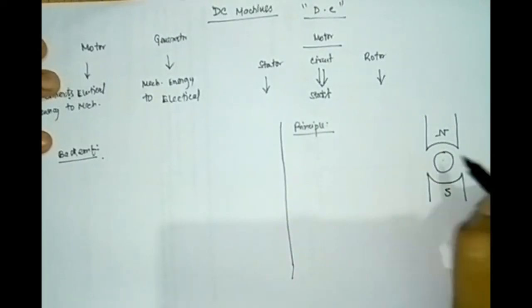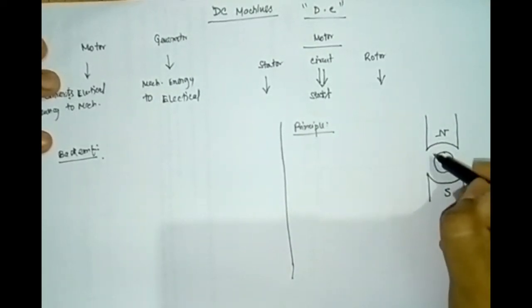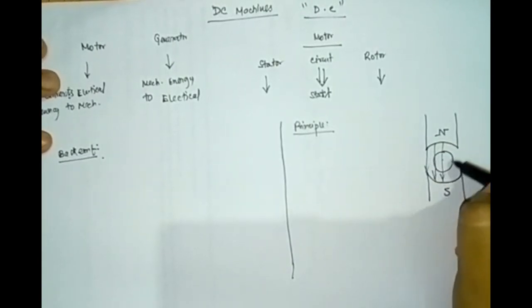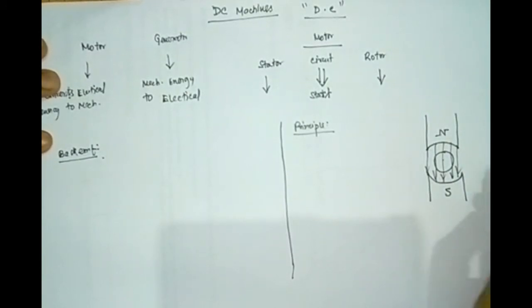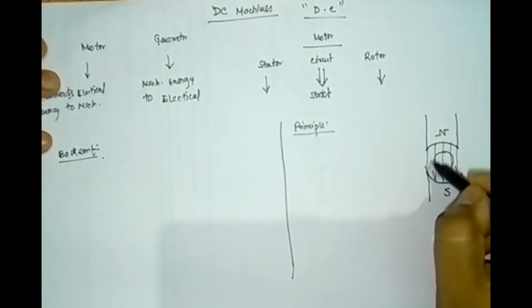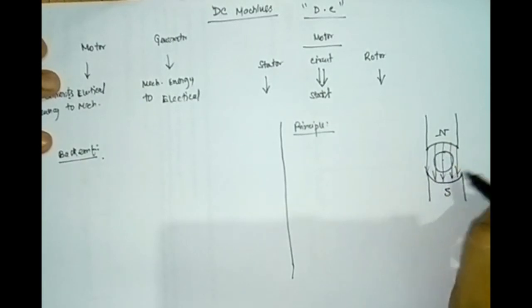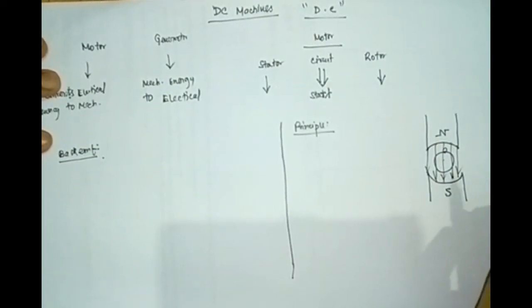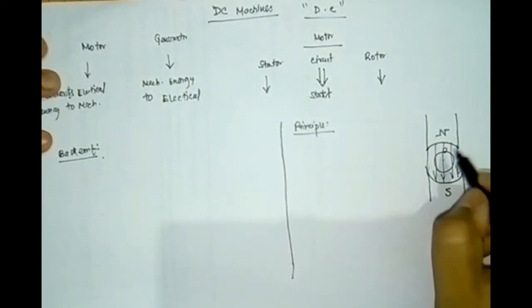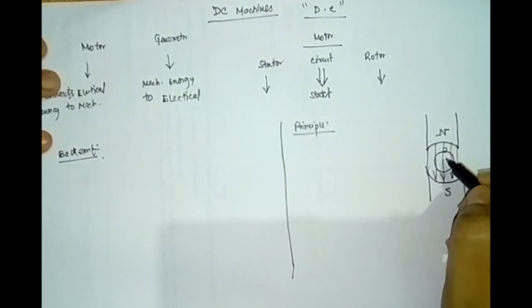Now you will find that from north to south there is a kind of magnetic line of force, and the conductor will experience some kind of force, and that will make it rotate.